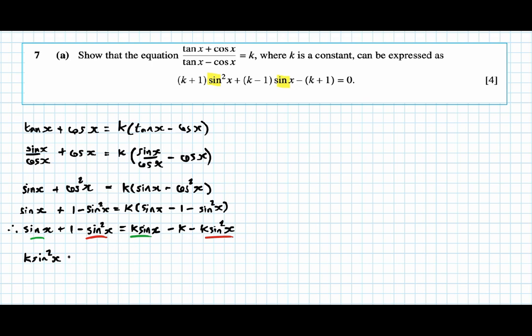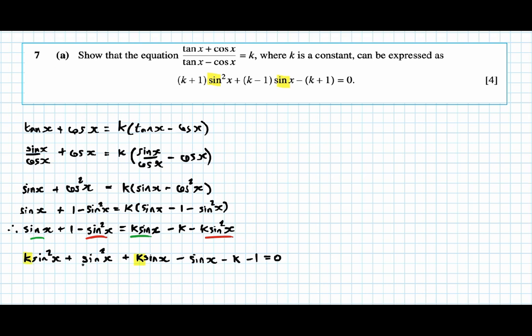So we'll end up with k sine squared x plus sine squared x. So you can see that it's already coming to form. Then k sine x minus sine x. You can see that coming to fruition too. And then lastly, we have just left over a minus k and a minus 1 when you bring it over or cancel on both sides.